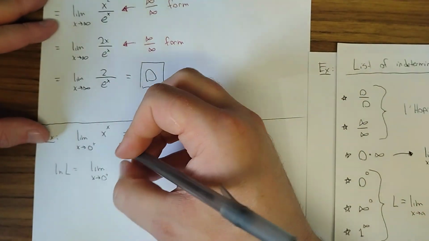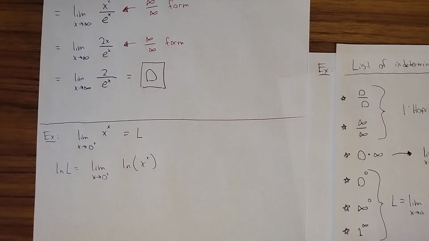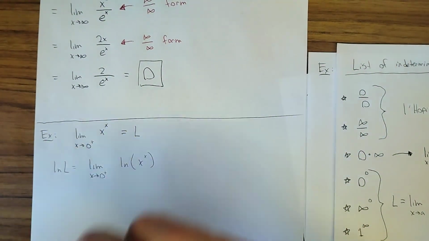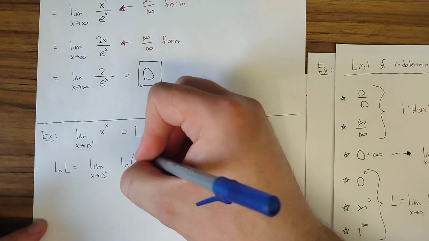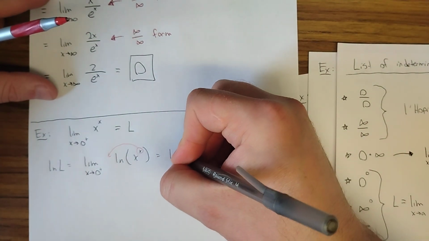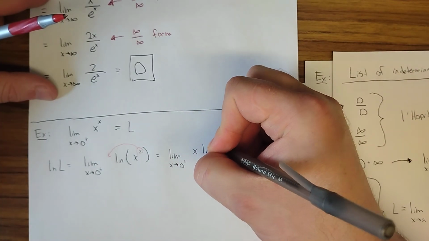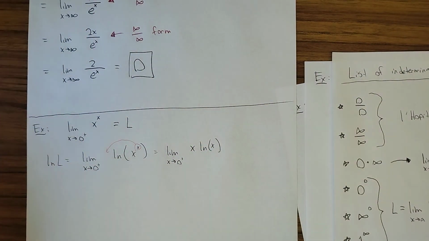I do the natural log. Of course, this comes down. So this is x ln x. Great.